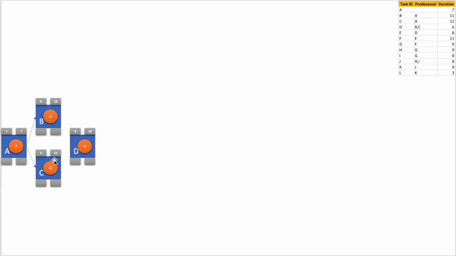So we need to see which activity finishes last among activity B and C. Activity C finishes on 19th day and activity B finishes on 18th day. So activity D can start only on the 20th day. So I put 20 as the early start. I can now calculate the early finish of activity D. 20 plus 6, 26, minus 1, 25.